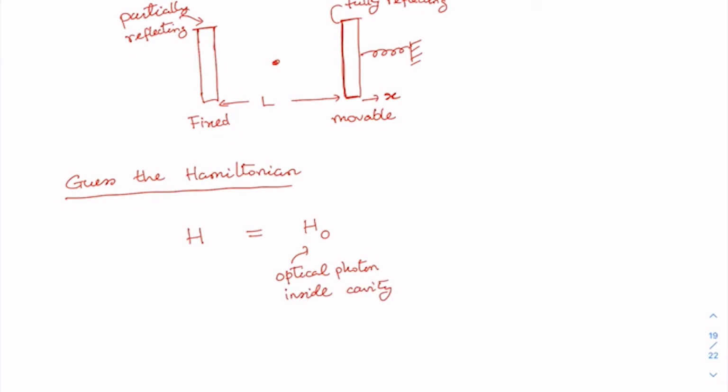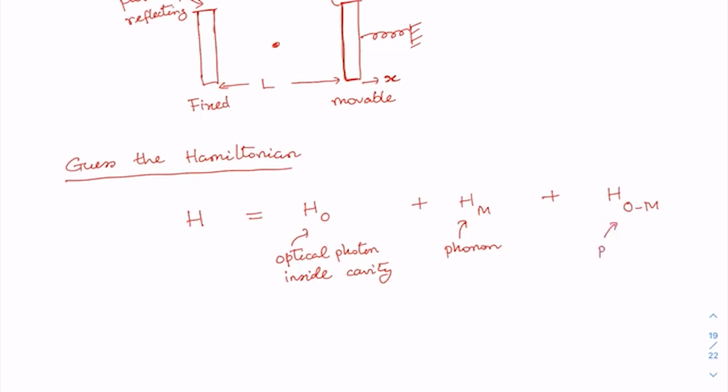The other contribution may be from the phonon in the mechanical oscillator, which is the movable mirror. And there would be an interaction between the photon and the phonon, so a Hamiltonian corresponding to the photon-phonon interaction would be there.